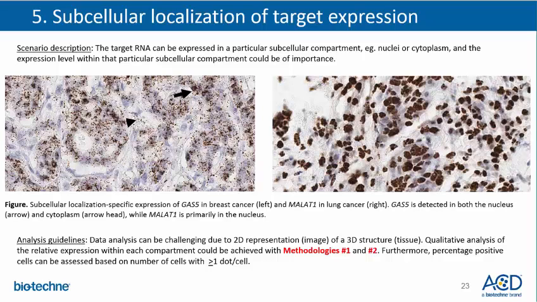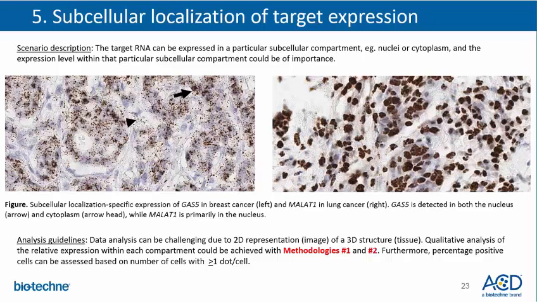For these examples, the actual in situ visualization of the subcellular expression is particularly useful, and a quantitative data analysis could be more challenging because the tissues are actually 3-dimensional structures, whereas the images are 2-dimensional representations. For example, for some cells, the cytoplasm could be present in the section plane, while for other cells, only the nucleus could be included.